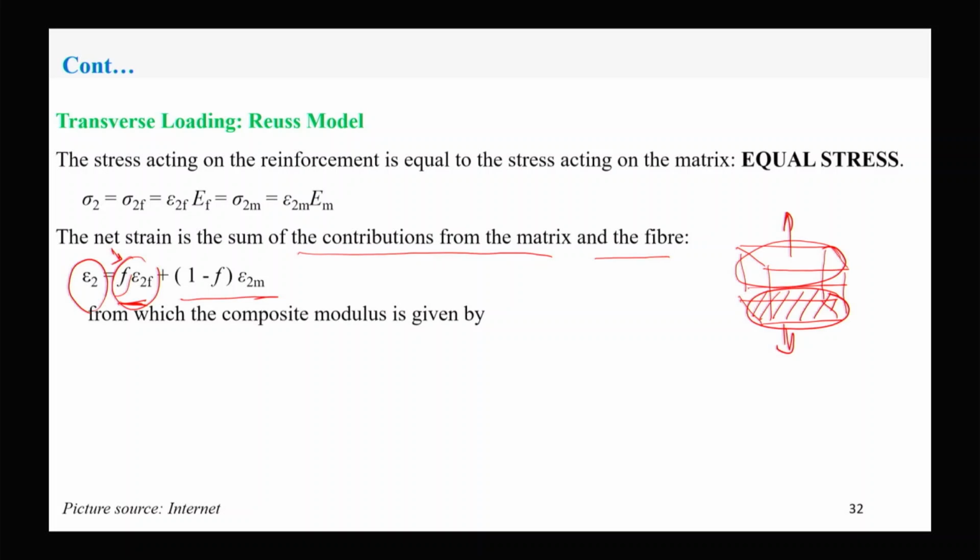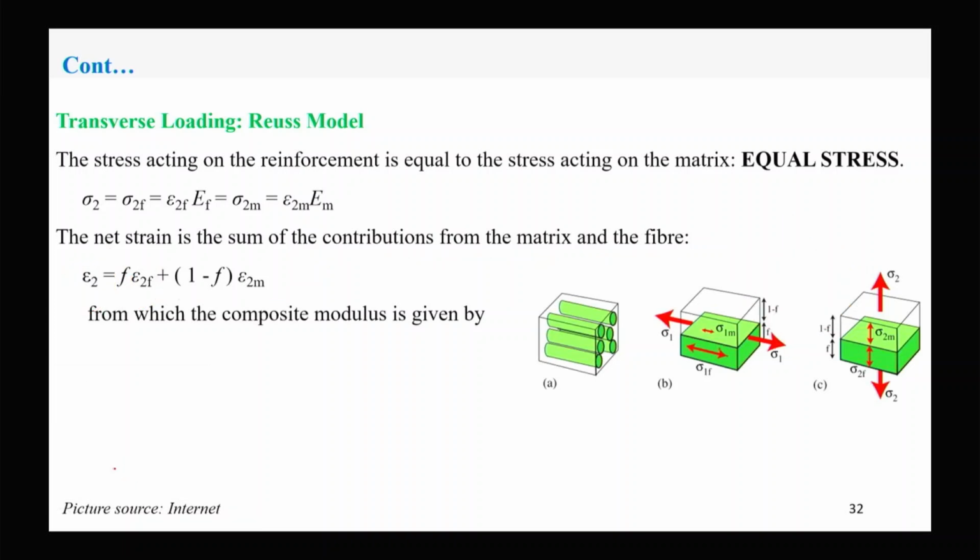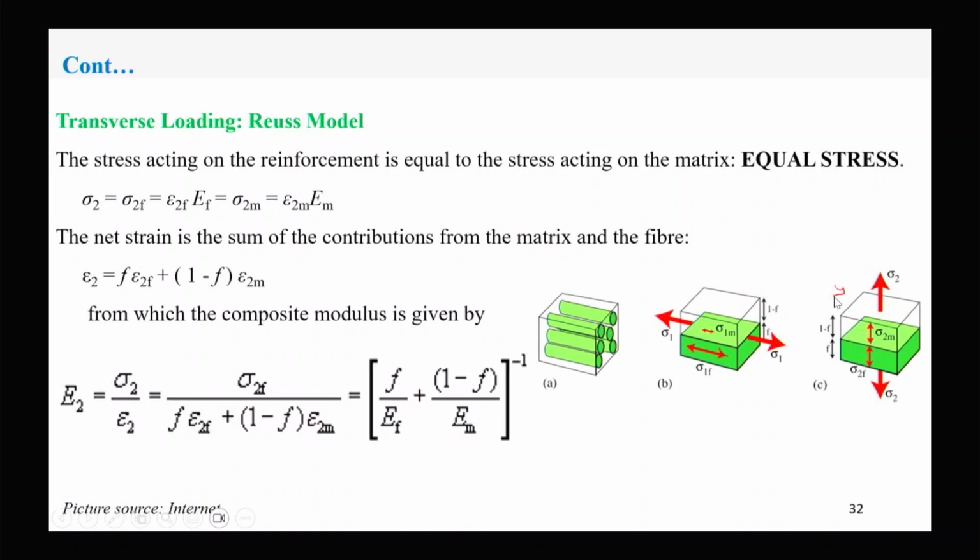So from this relationship we can calculate the modulus. So when it is strained here, from there we can calculate the modulus.